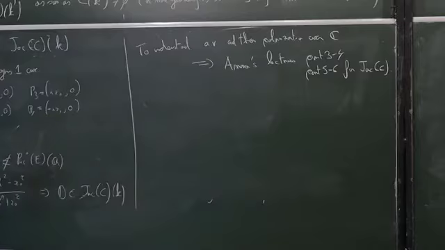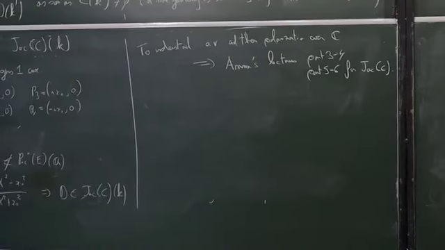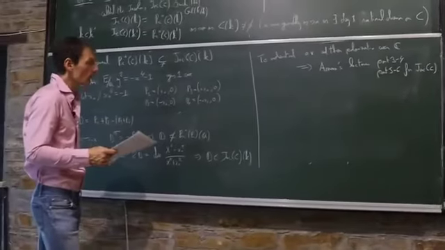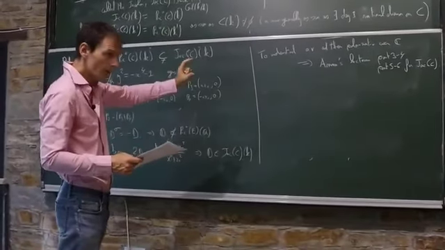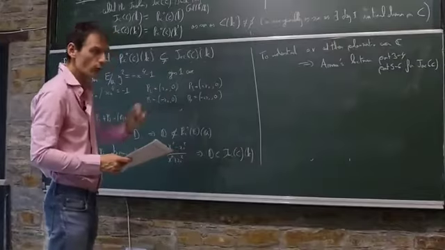And you will see that there is still another way to see this Pic 0 of C as a certain torus. Okay, so this is nice, and somehow it is sufficient for getting the intuition.